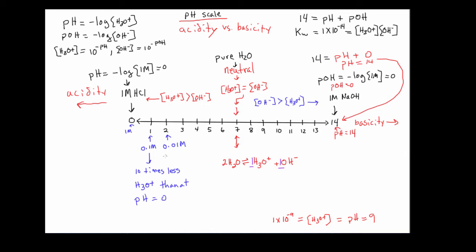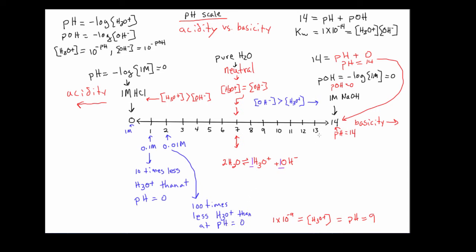So at this point, literally, there is 100 times less H3O plus than at pH equal to 0.